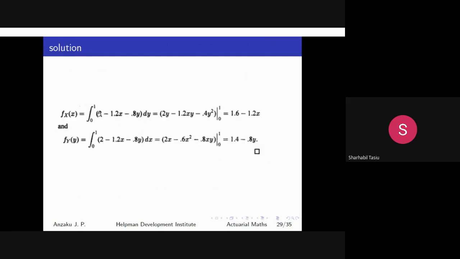So we integrate this function 2 minus 1.2x minus 0.8y with respect to y. From simple integration, this gives us 2y to the power of 1 over 1, minus 1.2x y to the power of 1 over 1.